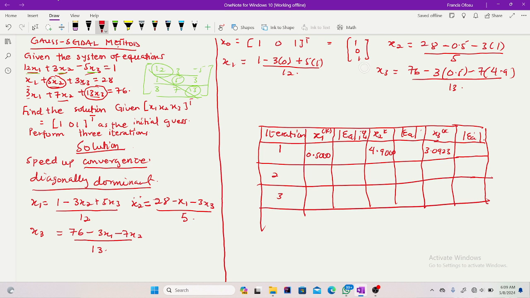Relative to our initial value, what was the error? Initially we started with 1 0 1, and with that, we have got our new x1 value as 0.5. So the error is calculated as the absolute of the current value 0.5 minus the original value, which was 1, all over the current value 0.5, times 100.